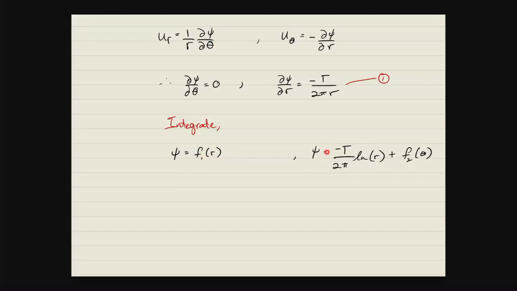And on the right hand side here, I'm going to get negative gamma over 2 pi ln r plus some function with respect to theta.